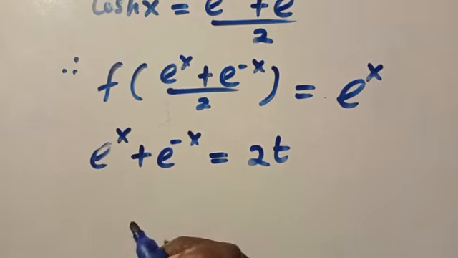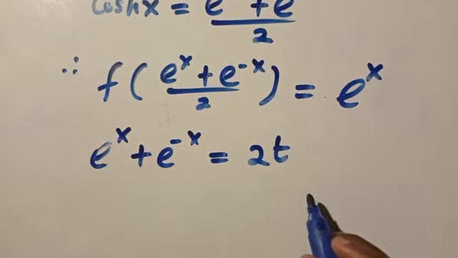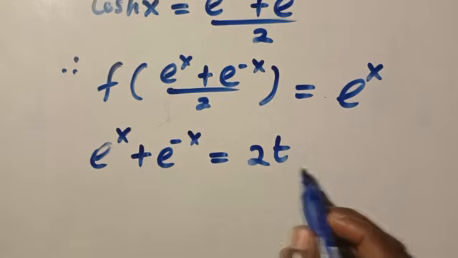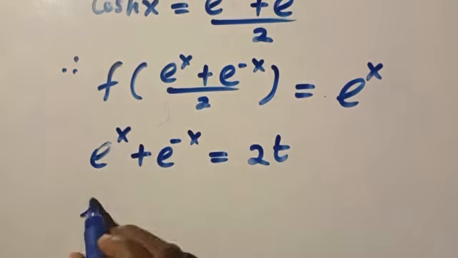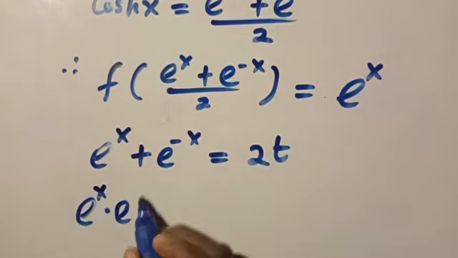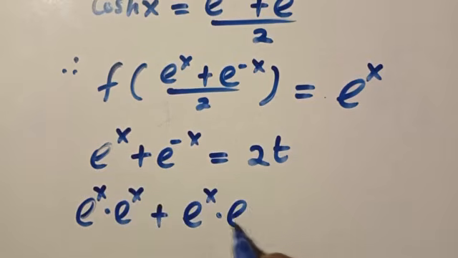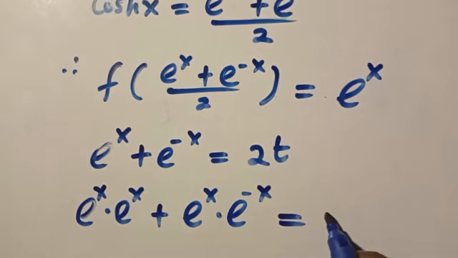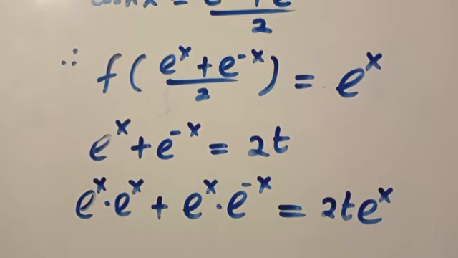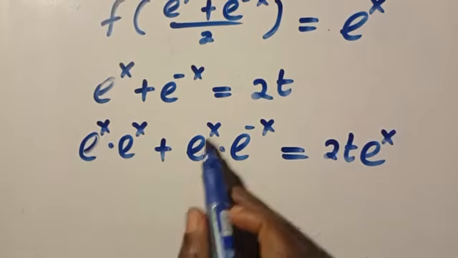What to do is, we multiply through by e power x. Multiplying, this becomes e power x times e power x plus e power x times e power minus x equals 2t times e power x.